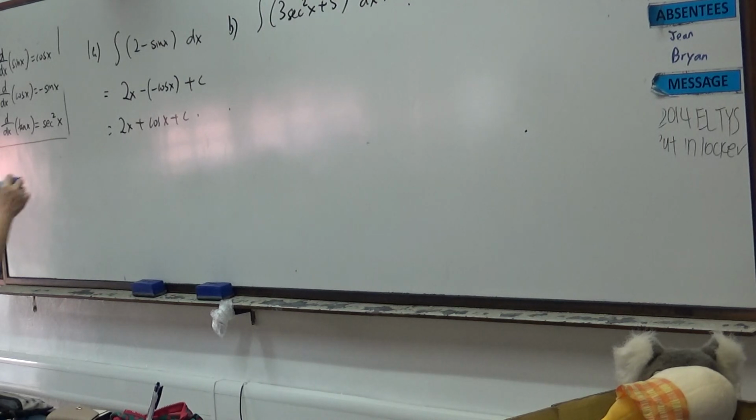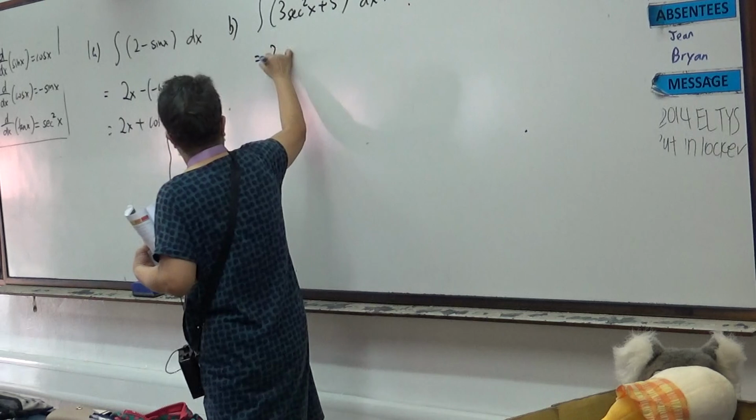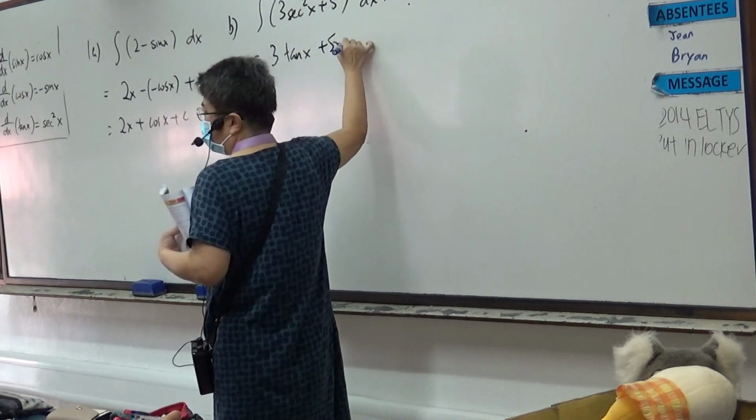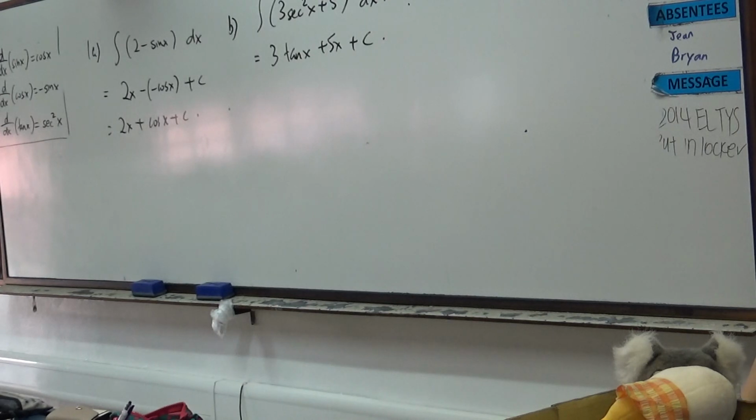This one is easier than the first one. Answer should be in 30 seconds. What should it be? 3 what? 3 tangent x plus 5x plus c. Everybody okay? Yes or no? Yes or no? Okay, good.